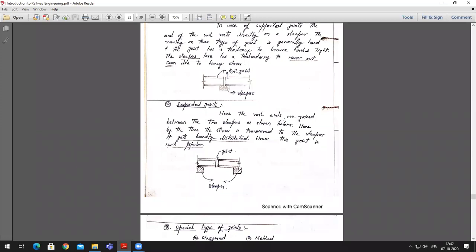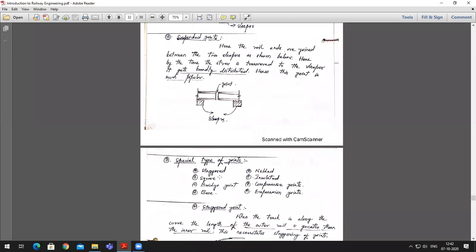But as far as load distribution is concerned, you have a better stress transmission to the underlays in this type of joint when compared to the supported joint. So you don't have any problem of the sleeper getting worn out. That's why this particular joint is very popularly used in most of the railway boards across the world.